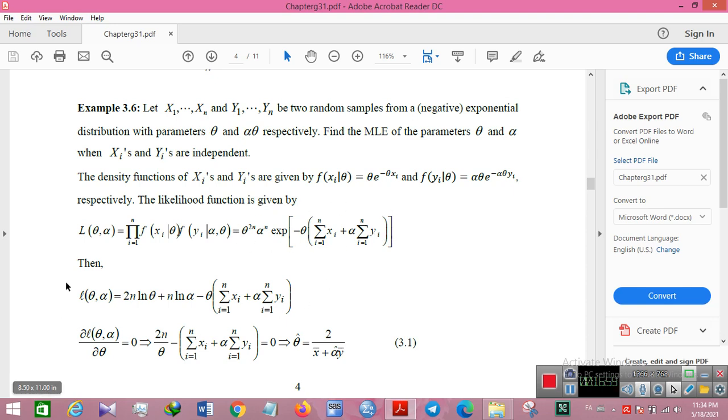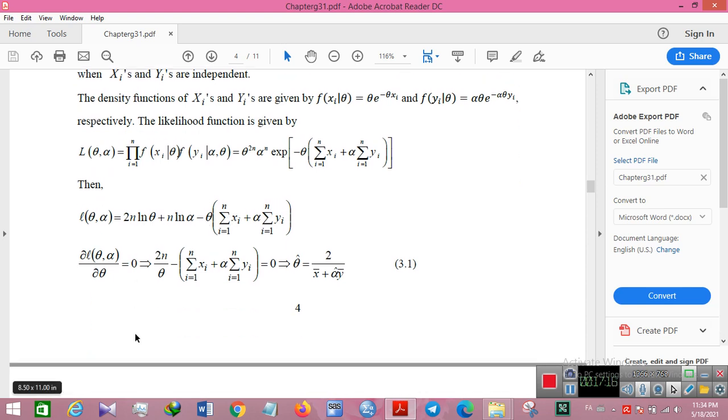So we can take the log of this likelihood function to have this log.